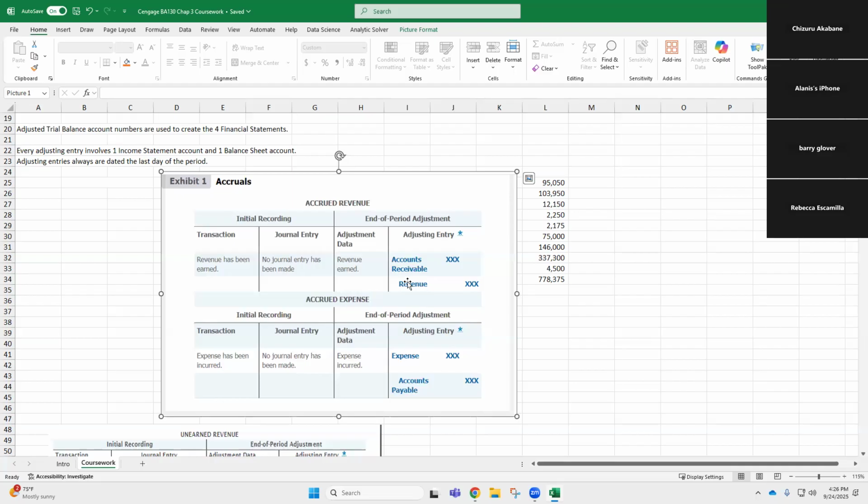So this is what it says: expenses have been incurred. The word incurred means that they've happened, but have not been paid or recorded.